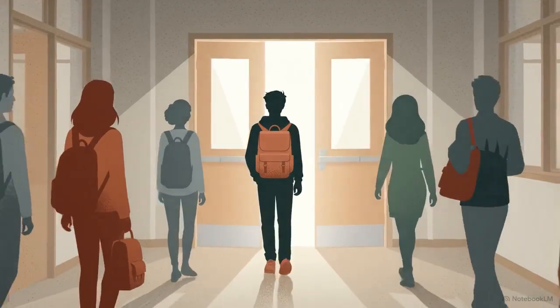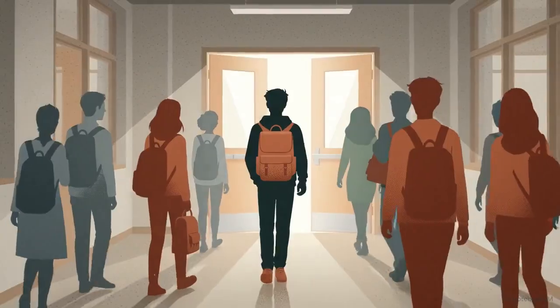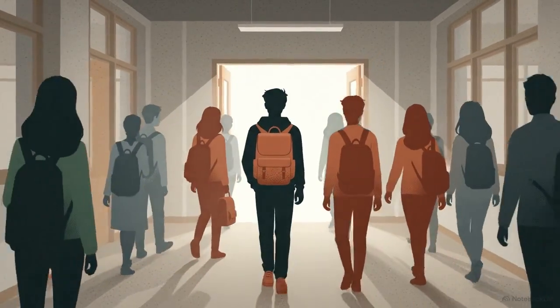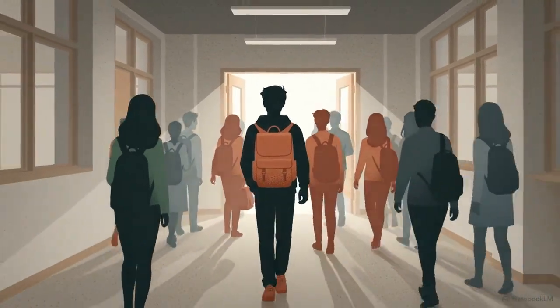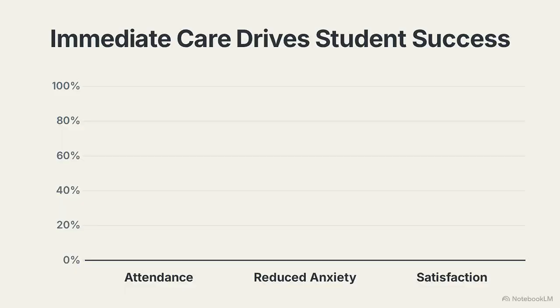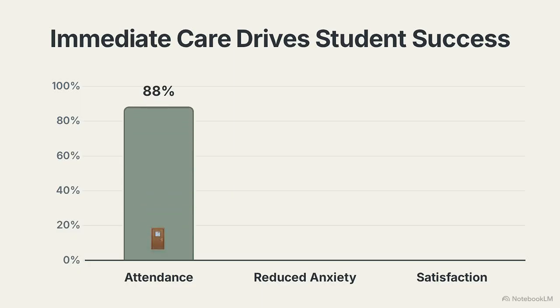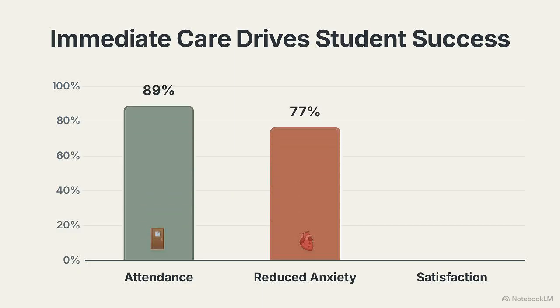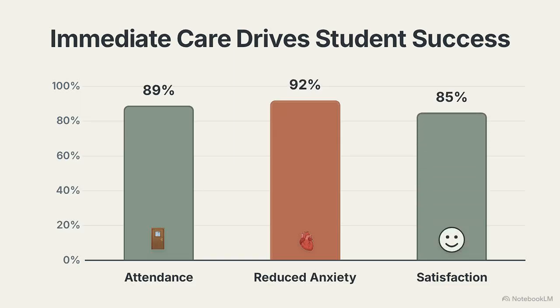By removing wait times and financial hurdles, schools can provide immediate psychological support, allowing students to return to their education more quickly. This chart shows the concrete impact of deploying immediate evidence-based care: an 89% improvement in attendance, a 92% reduction in student anxiety, and an 85% family satisfaction rate.